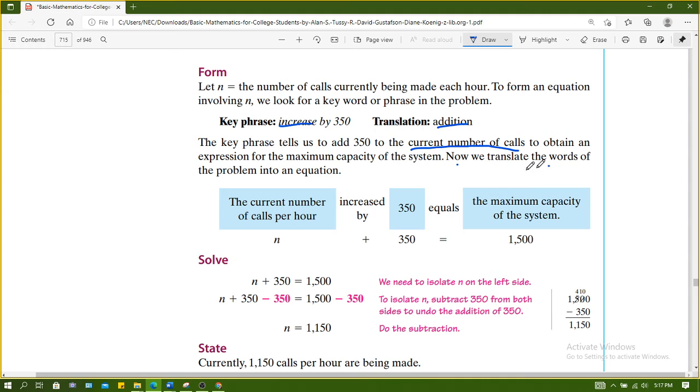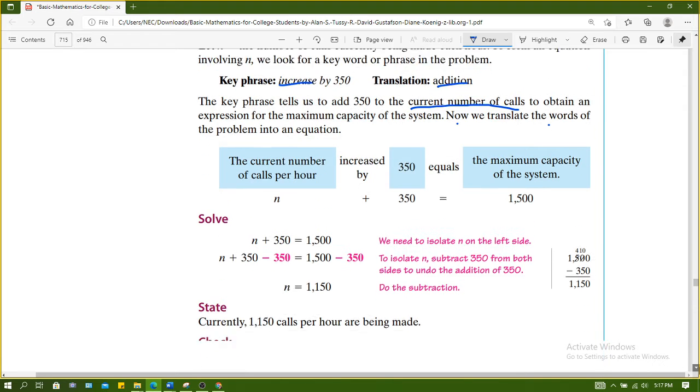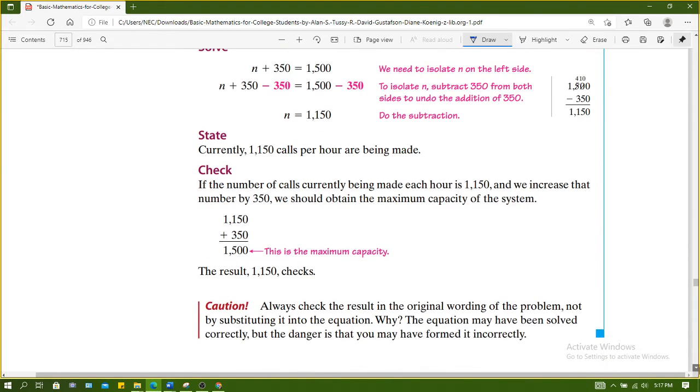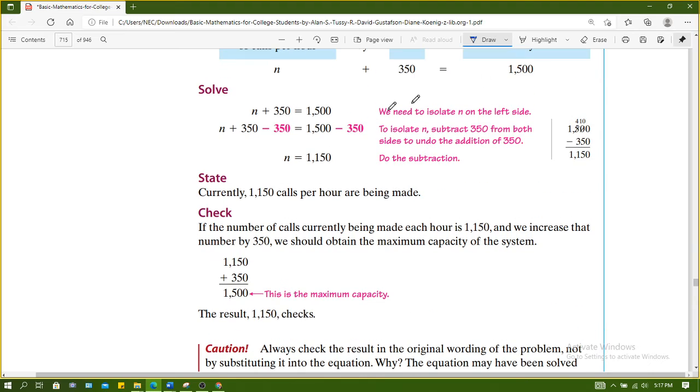Now we translate the words of the problem into an equation. So the current number of calls per hour is n, increased by, that is plus 350, equals the maximum capacity of the system, which is 1,500. So solve. n plus 350 equals 1,500.